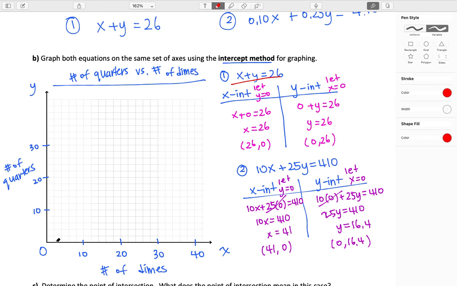So each square represents a unit of 2. So it's going to be 26 here. Yep, 26 here. And then when it's here, 26. So it's 2, 4, 6. Okay, so I'm going to connect the points. Okay, sorry.